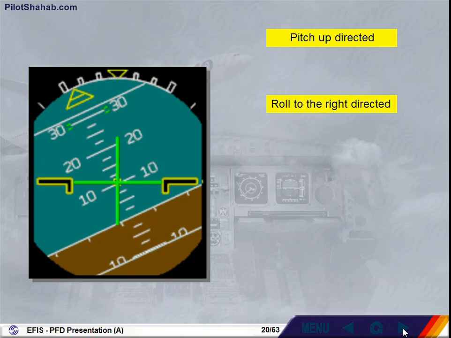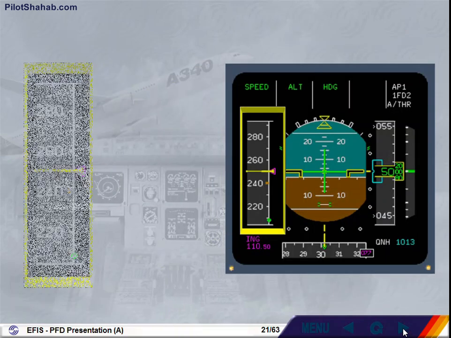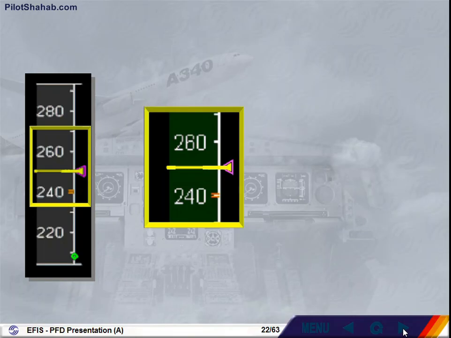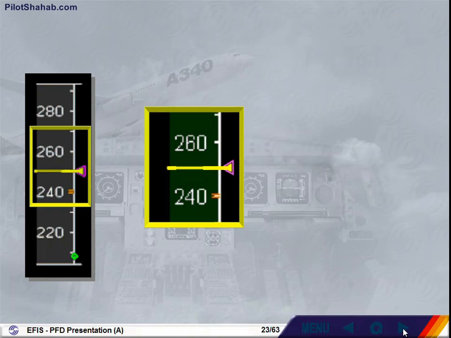Now let's look at the airspeed indications on the PFD. The speed scale moves behind a fixed yellow reference line and triangle. In the example shown, the indicated airspeed is steady at 250 knots. When the aircraft is accelerating or decelerating, a speed trend arrow appears.